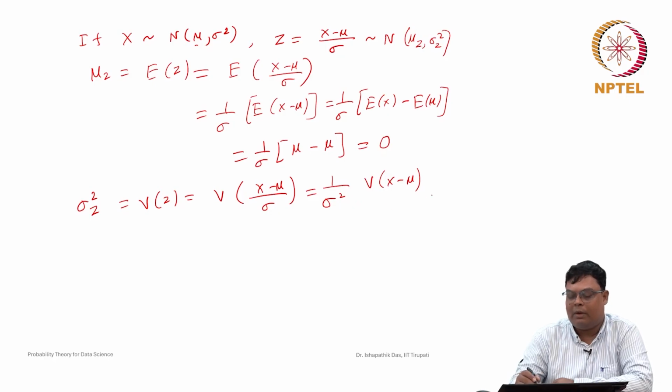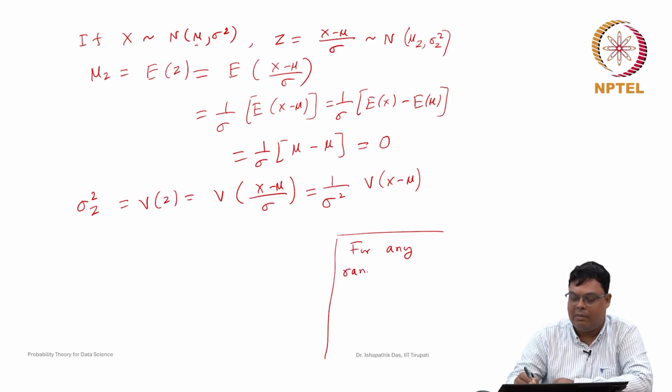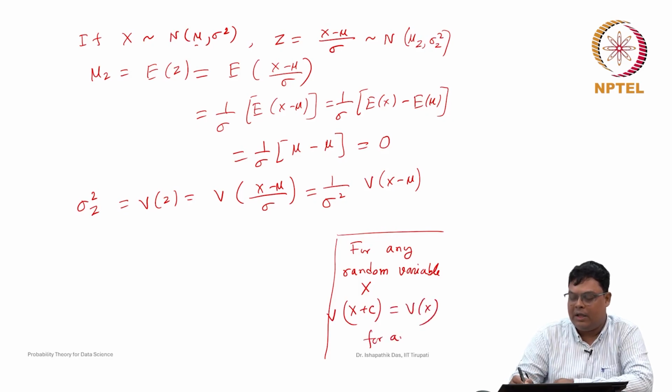Now, another property, for any random variable x, if you take the transformation x plus c, where c is a constant, the variance does not change for any c in the real numbers R.